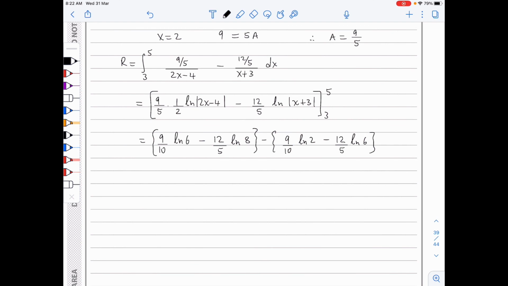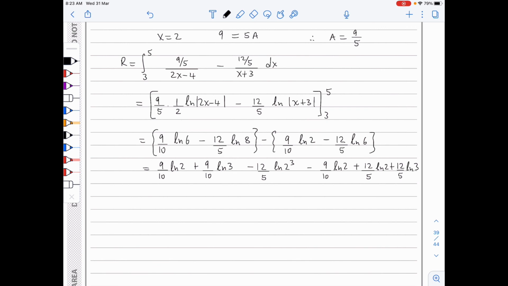So what I could actually do is write this as 9 over 10 ln 2 plus 9 over 10 ln 3, simply splitting 6 as 2 times 3, minus 12 over 5 ln 2 to the power of 3, minus 9 over 10 ln 2, plus 12 over 5 ln 2 plus 12 over 5 ln 3.